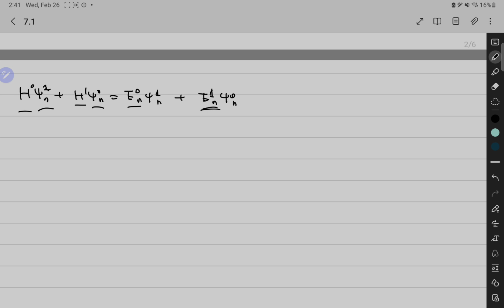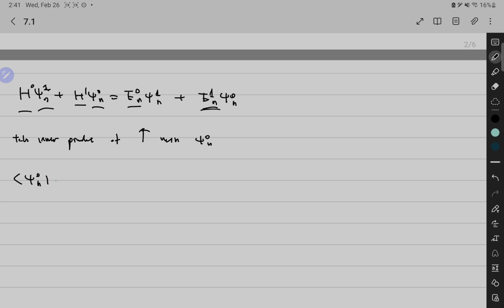But first, to derive the expression for E1n, we want to first take the inner product of this equation with psi 0n, which is the unperturbed wave function. So mathematically speaking, that's going to look something like this.